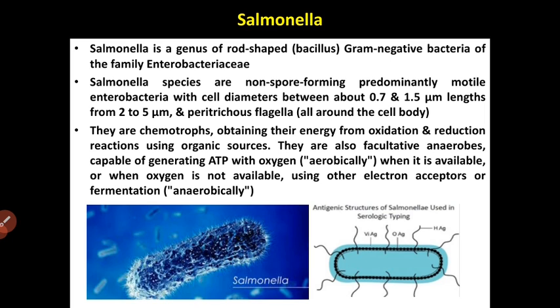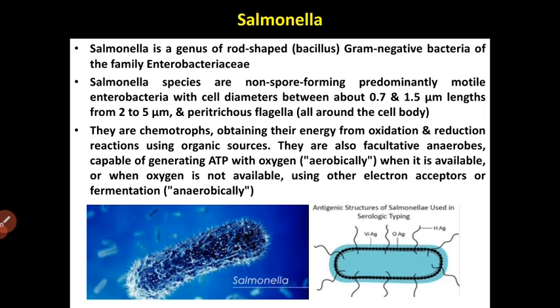Next, Salmonella species are non-spore forming. They are motile enterobacteria with cell diameters between 0.7 and 1.5 micrometers and lengths from 2 to 5 micrometers, with peritrichous flagella all around the cell body. Okay, understood?